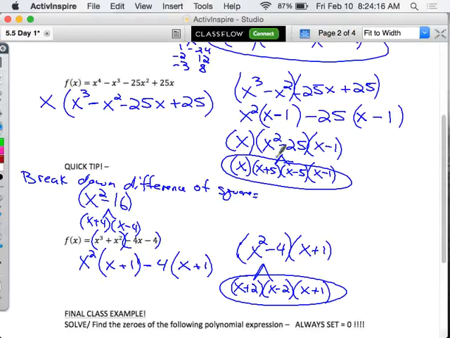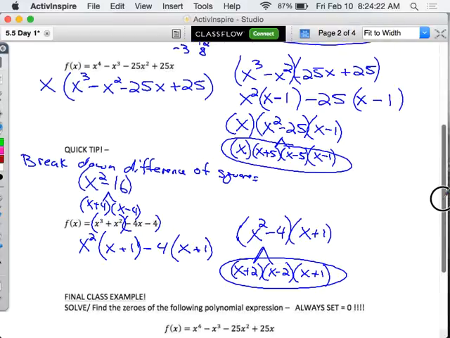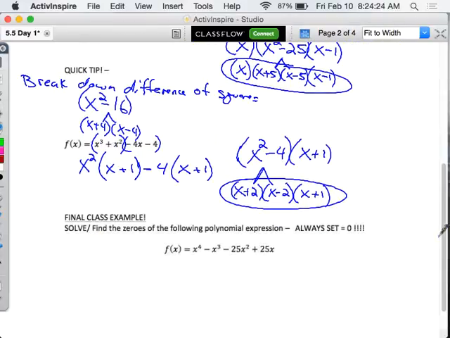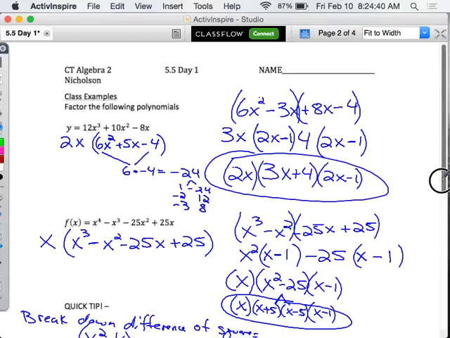So let's just bring down our final answer. So we already factored it, so we don't have to do all the work again. Let's just rewrite our final answer down here. So whenever it says solve or find the zeros, we have to factor and then set all of our factors equal to 0. So let's bring down our answer from above. So first thing we have to do is factor this.